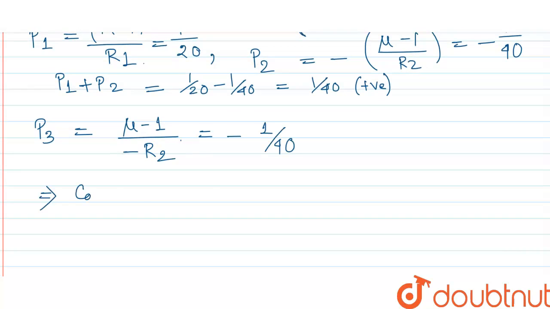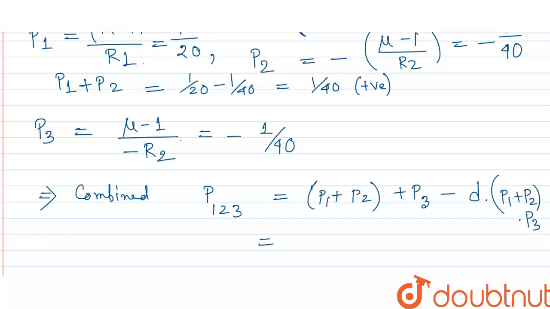So the combined power of 1, 2, 3. What will be the combined power? It is P1 plus P2 plus P3 minus D into (P1 plus P2) into P3, where D is the distance between the lenses after cutting, that is 20 centimeter, given.